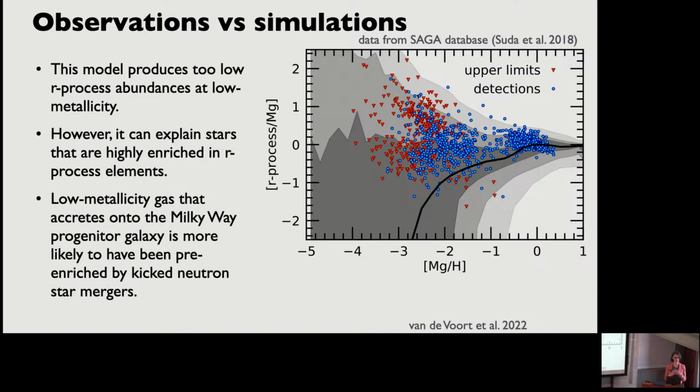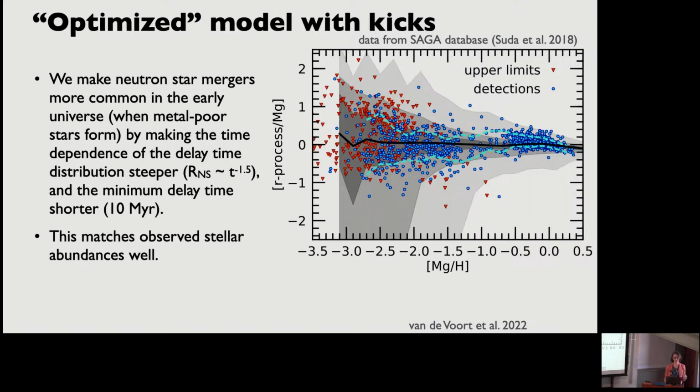So this is just for our first guess attempt at doing a delay time distribution in any stellar population in our simulations, and then following the full 13 billion years of evolution. If we, however, tweak this delay time distribution that I told you about before, so I just say, okay, they happen slightly earlier, and it doesn't depend as 1 over time, but actually as 1 over time to the 1.5.